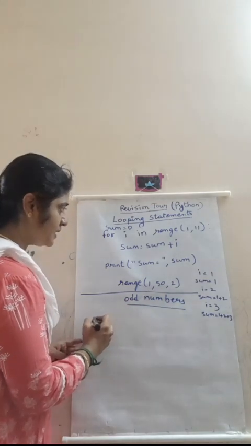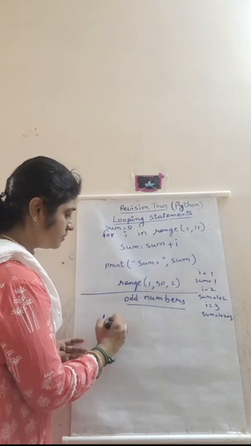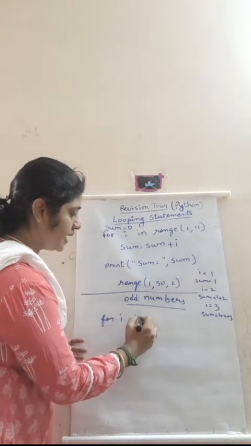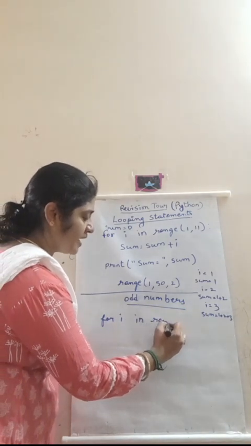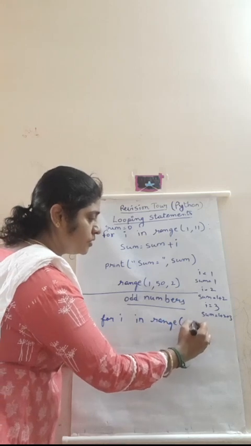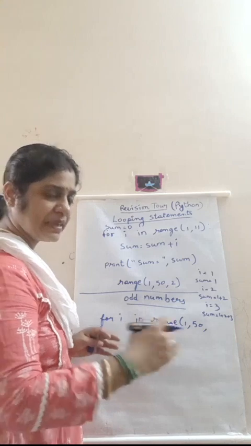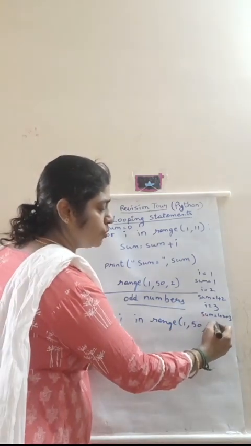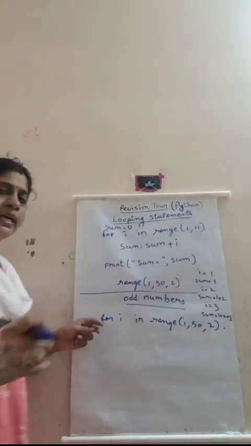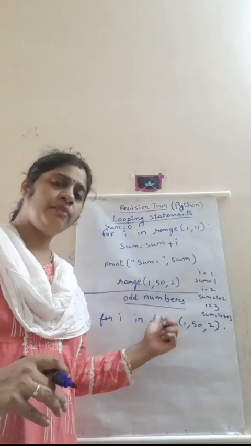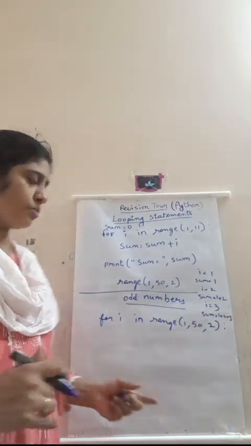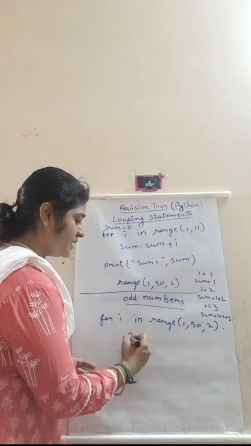So I just write for I in range 1 to 50, and instead of writing plus 2, I just specify here 2. What will happen? Automatically the I value will increment by 2, and I just write print I.